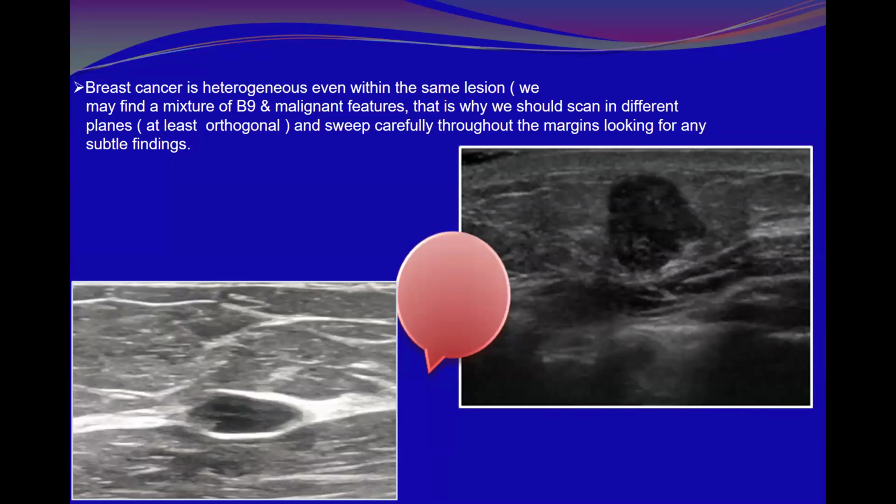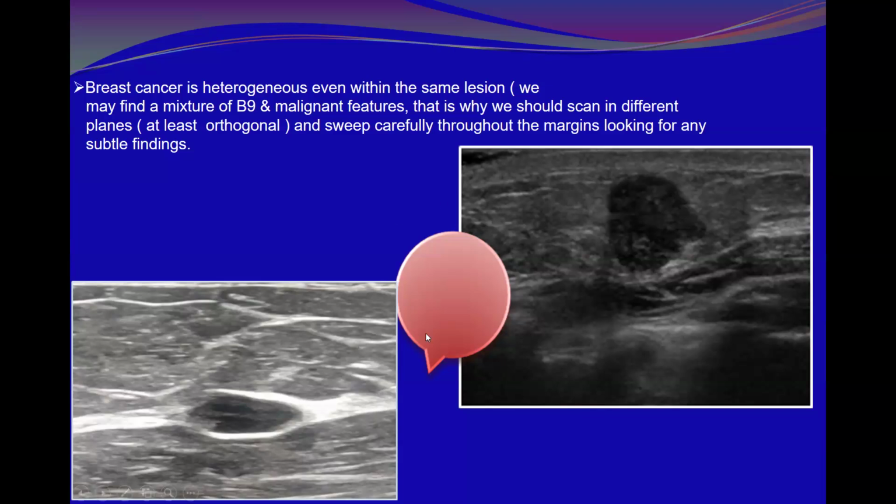But not only that, even within the same mass, within the same lesion, breast cancer is heterogeneous. You might find within the same lesion benign findings along with malignant findings. So it is not surprising to visualize benign as well as malignant features within a lesion.